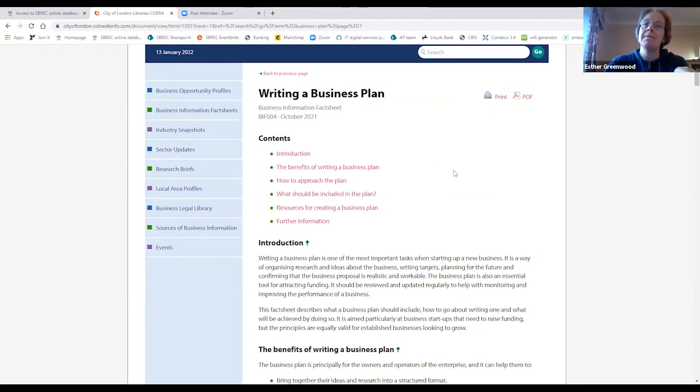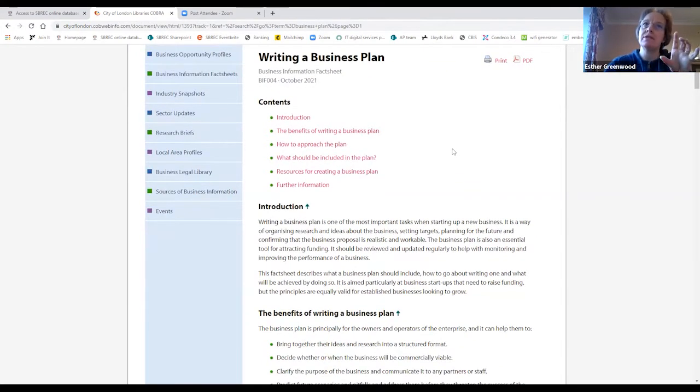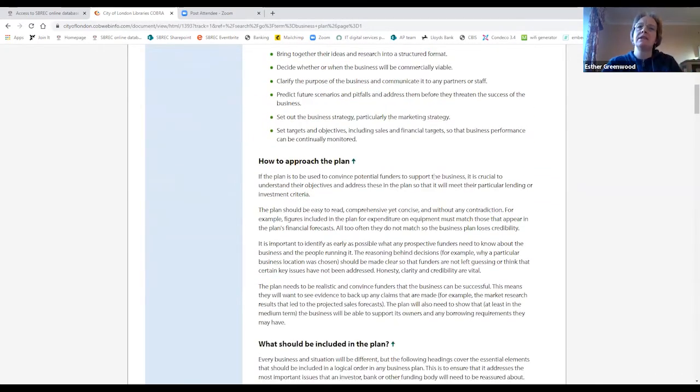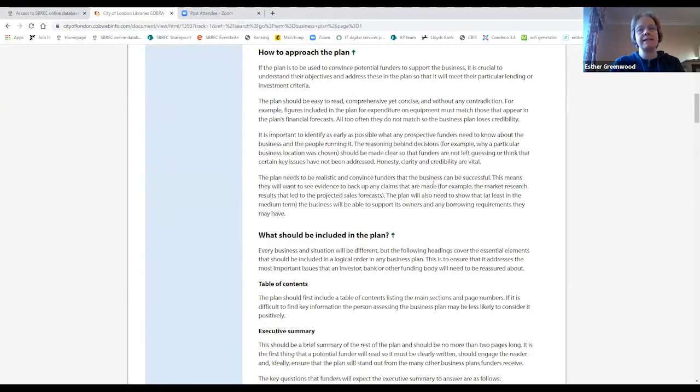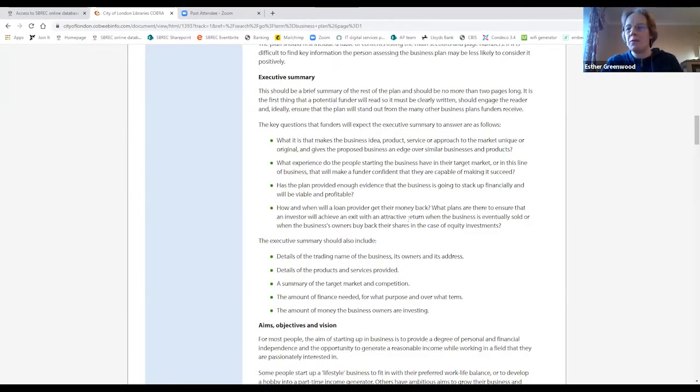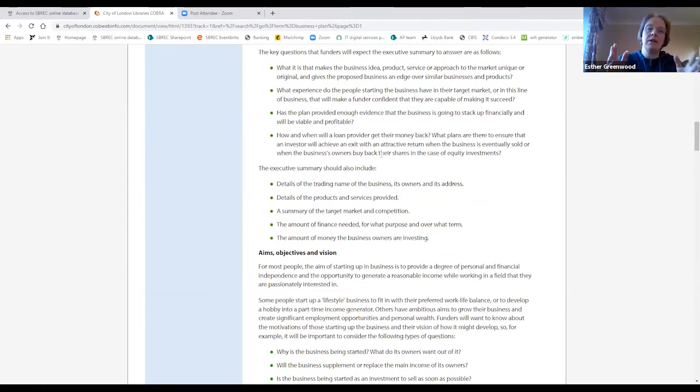Here, this fact sheet talks about writing your business plan and the things that will need to go in it. It doesn't actually give you the plan itself, but it tells you what needs to be going into the plan. And many business startup organizations produce their own plan.